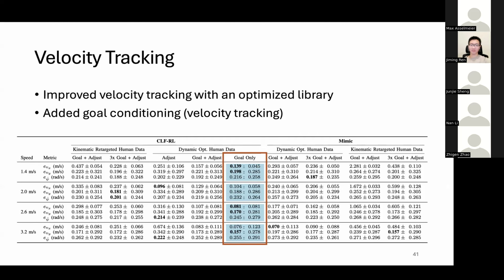I've seen some papers do this, where they take their one human data trajectory and try to scale it in the RL. So this is effectively a question of whether the RL can do the scaling and reference library generation that the optimization is doing. I think the answer is no. So I think the optimization is a pretty critical step if you want to track large references from single human data clips.